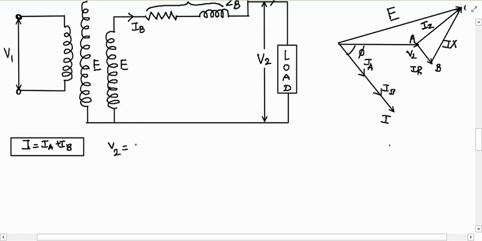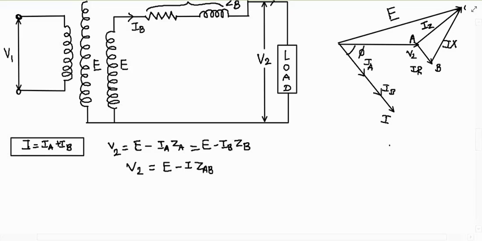My V2 will be equal to E, the EMF of one of the transformers, minus IA into ZA, which is equal to E minus IB into ZB, because the impedance triangles are the same. Or I can write V2 equals E minus I into ZAB. What is ZAB? The parallel combination of ZA and ZB.